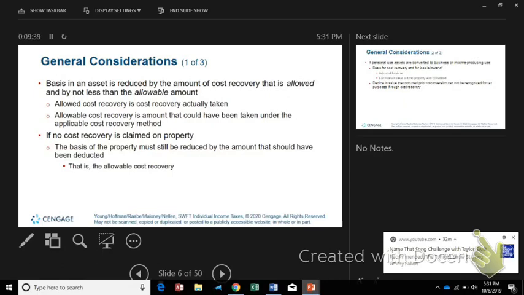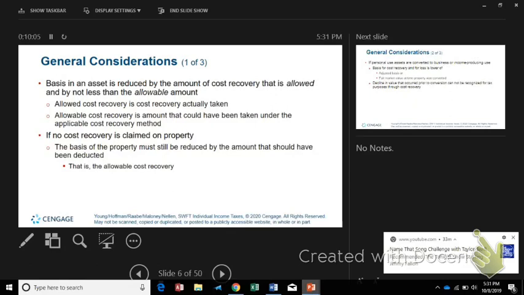If there is no cost recovery on that claimed property, you would still reduce that basis amount. So just because you don't take a cost recovery does not mean that it doesn't affect your basis. So you can't just say one year you're not going to take that cost recovery because you don't want it to affect your basis. It would still affect your basis.